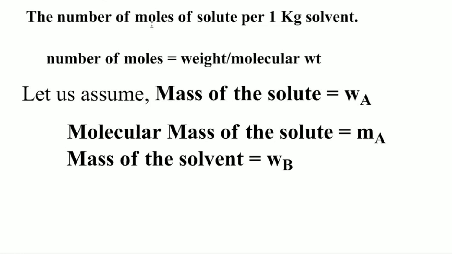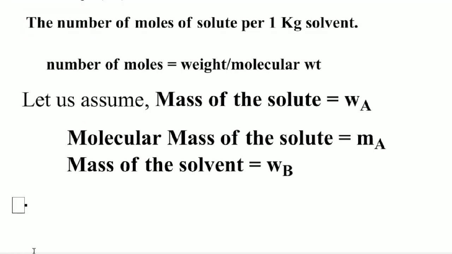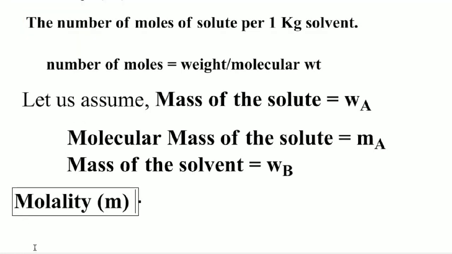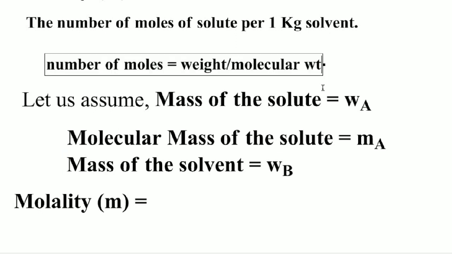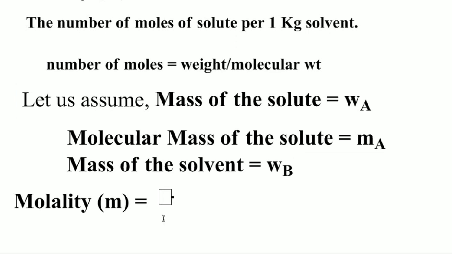Therefore, students, the mathematical form of molality is the number of moles of solute, weight by molecular weight. The weight of the solute WA by the molecular weight of the solute MA.